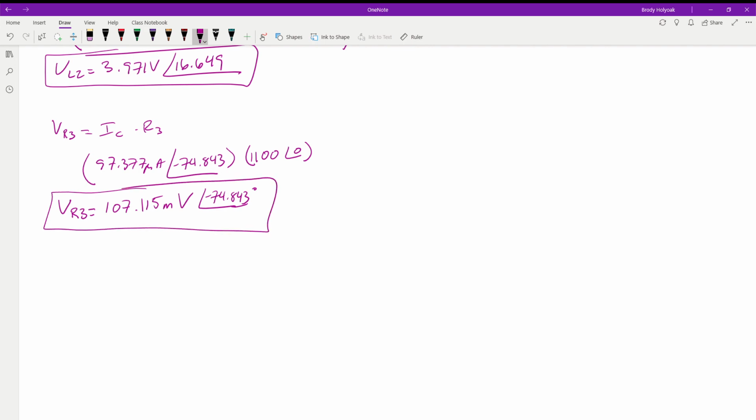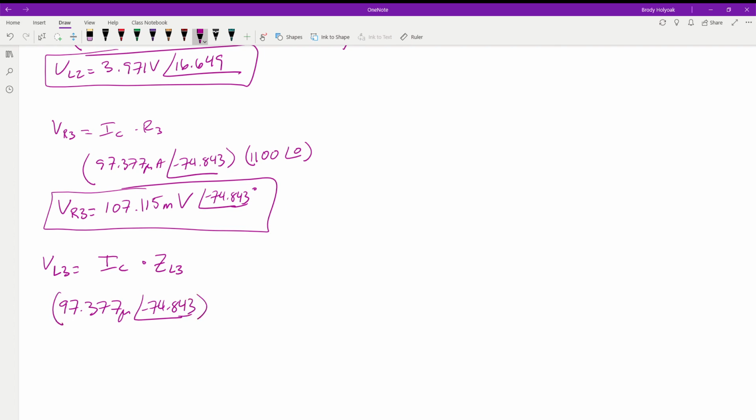And then the last step we have is to find the voltage drop across inductor 3. So again, it's its current, which is the branch current of C, multiplied by the impedance total of inductor 3. So we have 97.377 micro at an angle of negative 74.843.